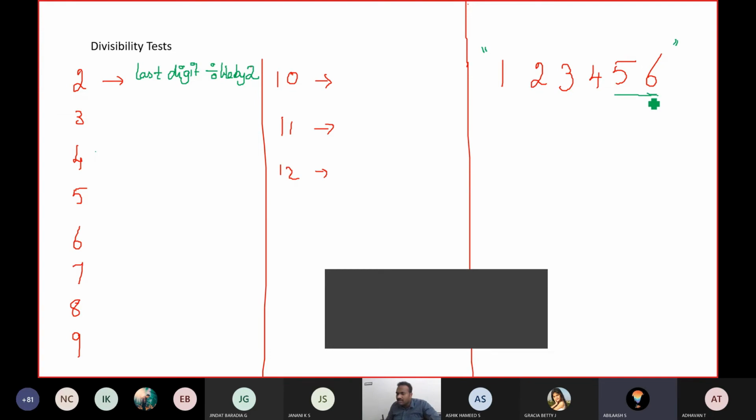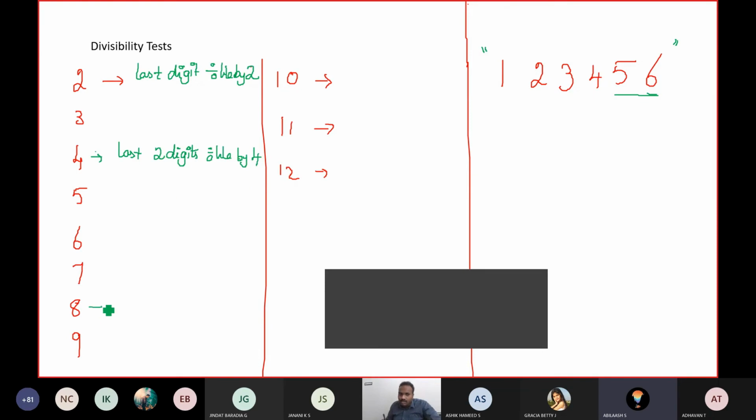What are the last two digits? 56. Is it divisible by 4? 56 by 4, is it possible? Yes. 14 fours are 56. So if the last two numbers are divisible by 4, then the entire number is divisible by 4. Last two digits should be divisible by 4.